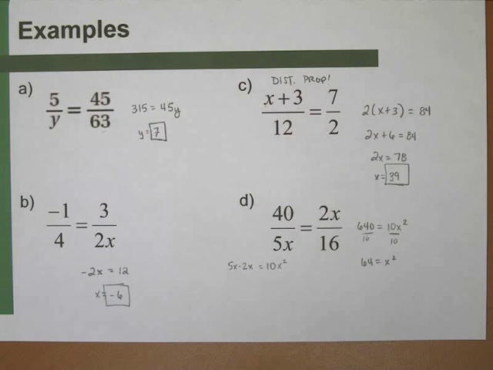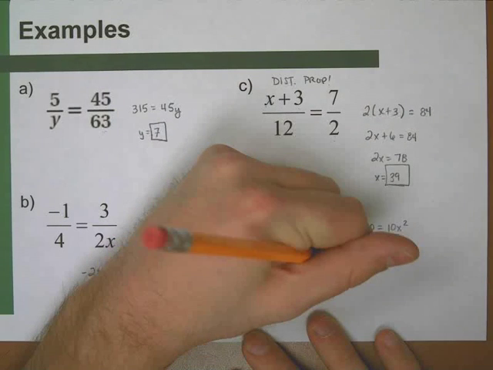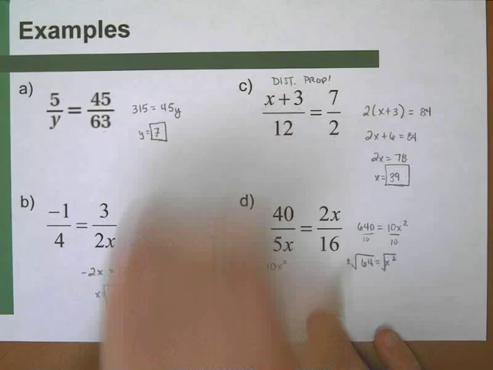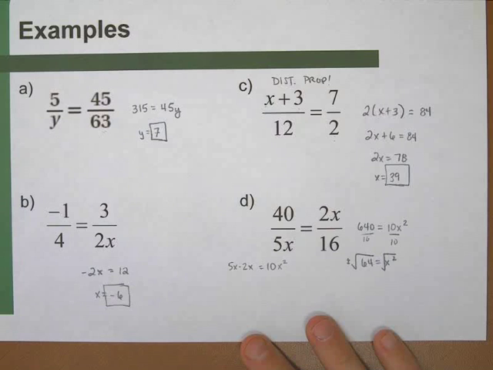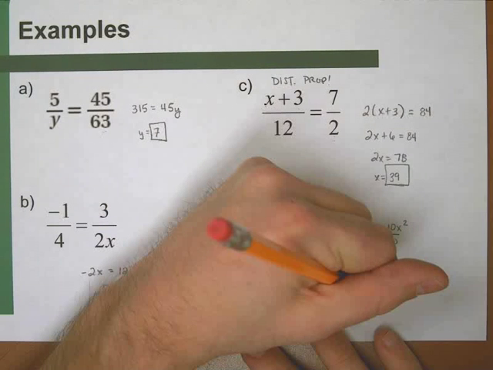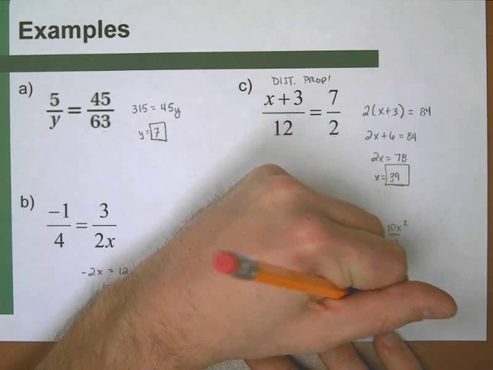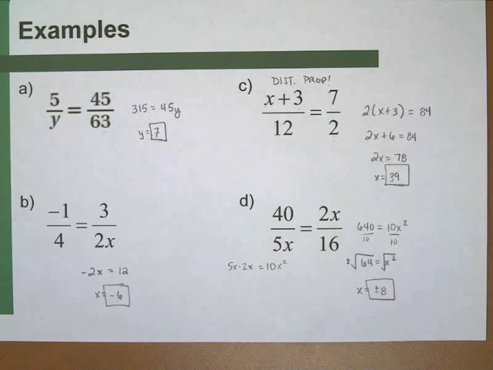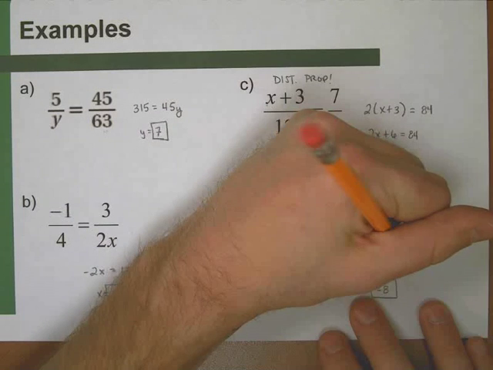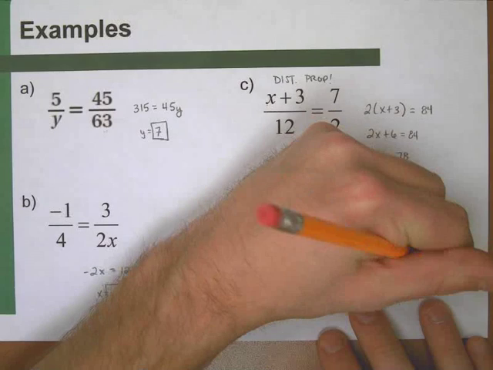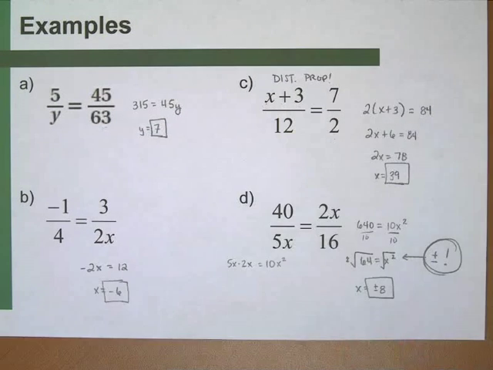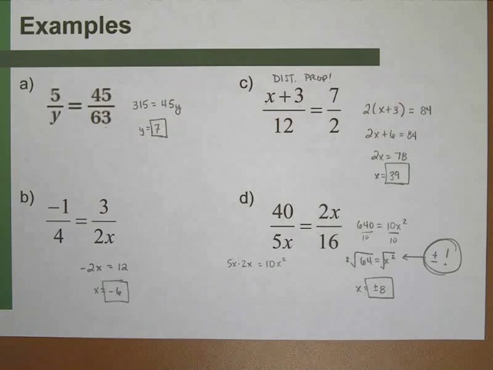Then I need to square root both sides. Remember, if you square root both sides, you have to put in a plus or minus. So it's plus or minus the square root of 64, and the square root of 64 is 8. So x can be either positive or negative 8. That's the easiest approach to solve that kind of problem. Just remember this is the big rule: the plus or minus is the number one most missed step on this type of problem.